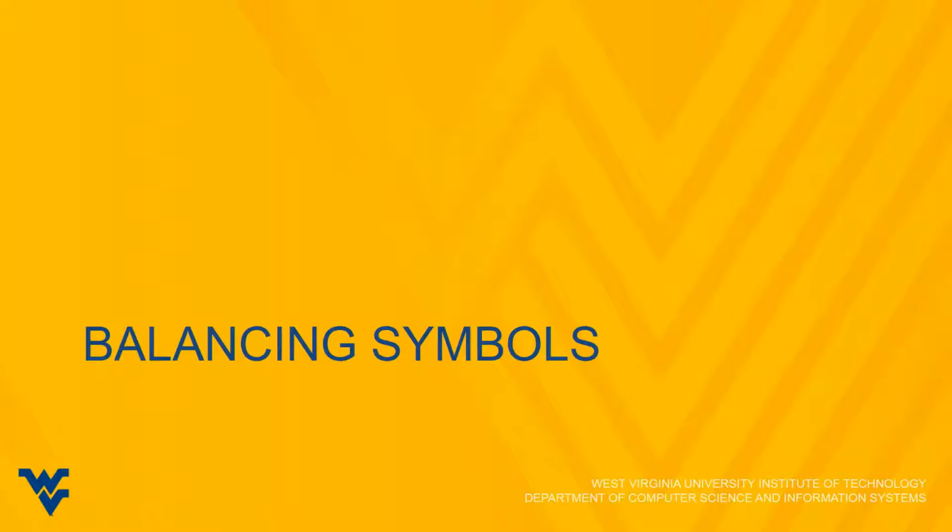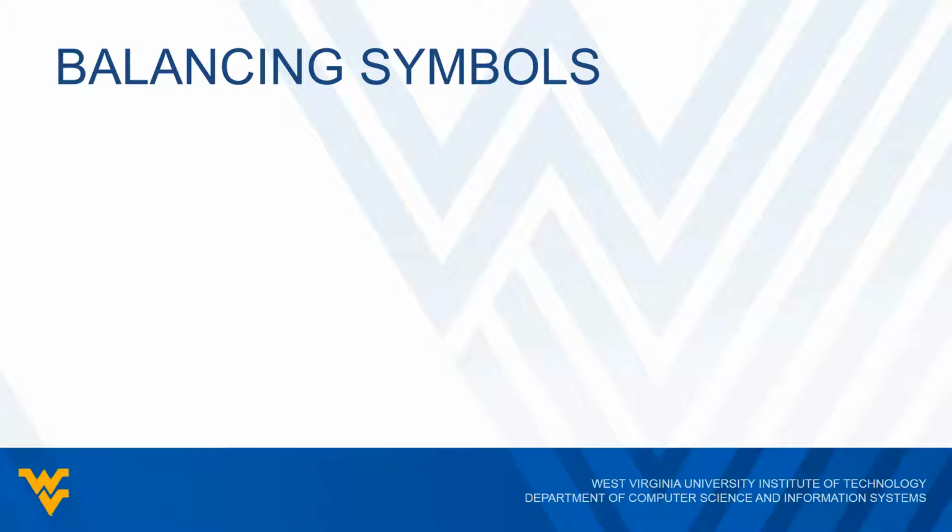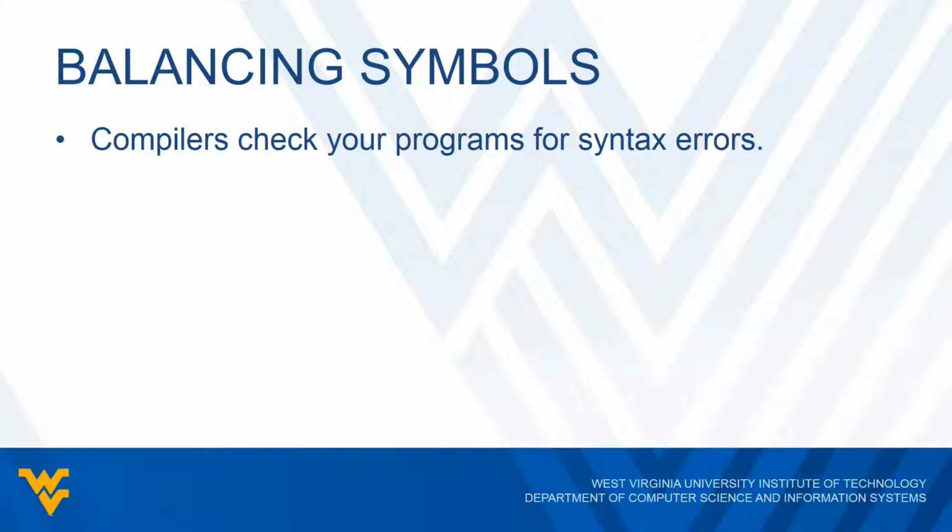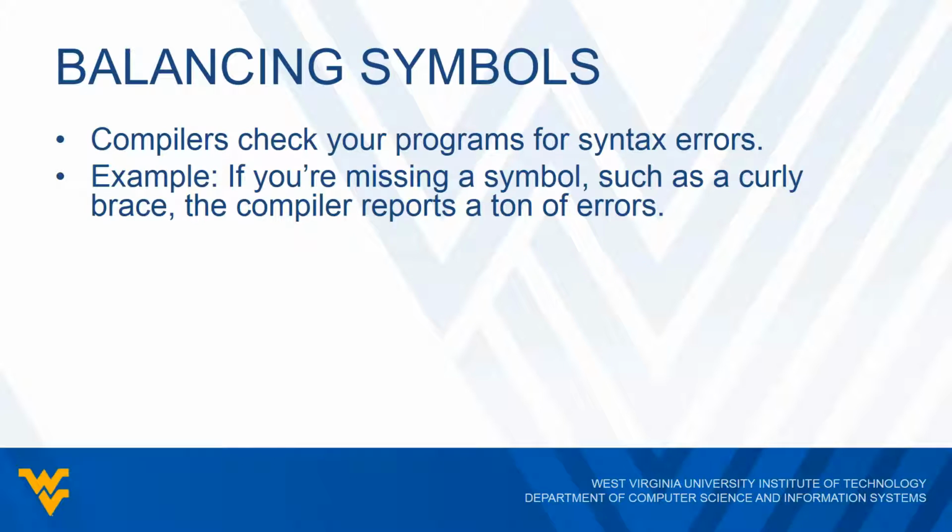The next example we'll take a look at involves balancing very specific symbols. One of the purposes of a compiler is to make sure that there aren't any syntax errors with a program. For example, if we're missing a specific symbol, such as a curly brace or a square brace and so forth, the compiler is going to report several errors because you're missing that one brace.